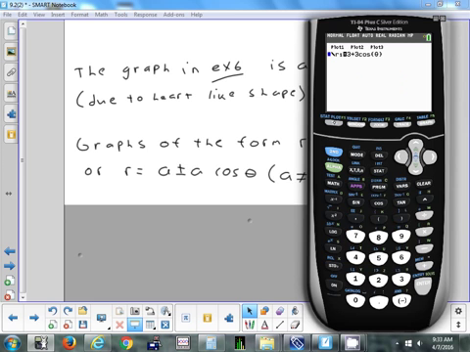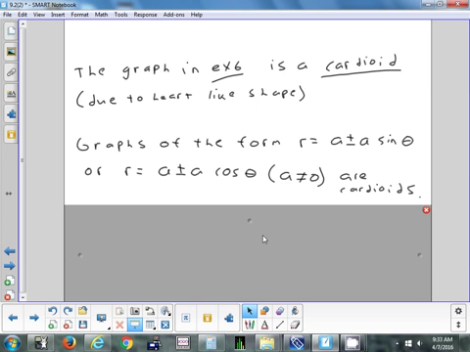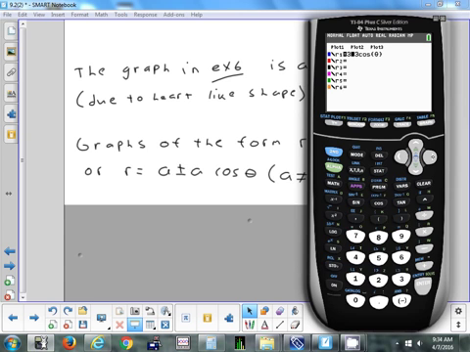Now, if you start changing these two numbers, they have to be the same to be a cardioid. But let's say we make one a 3 and make one a 5. If you make them different, it's going to loop back on itself. That's no longer a cardioid. It's in the same family, but you didn't keep the numbers the same.